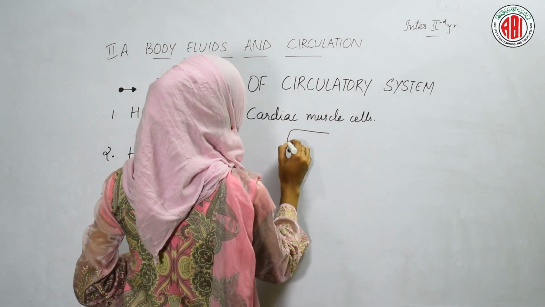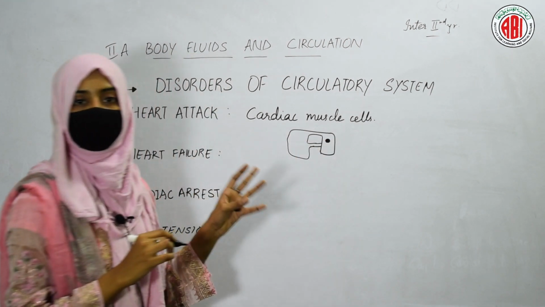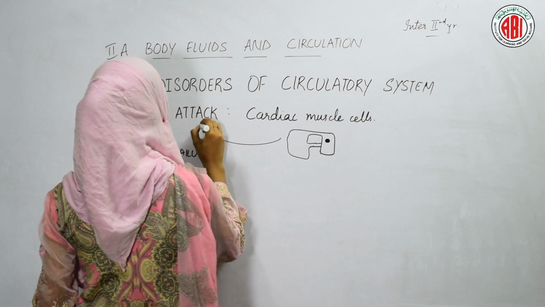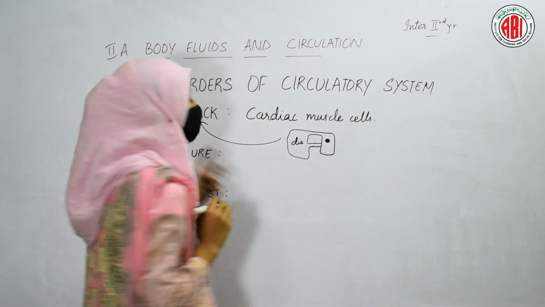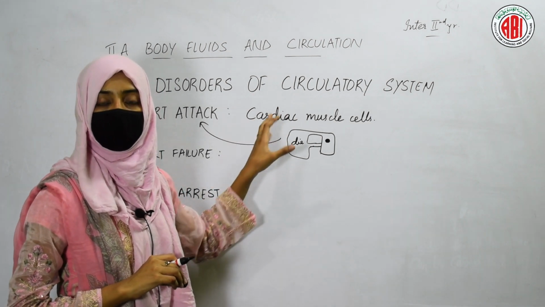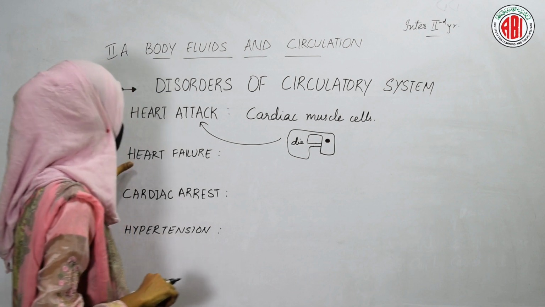If these cardiac muscle cells of our heart die, then it leads to heart attack. The death of the tissues present in our heart, or the death of the cardiac cells, can be termed as heart attack.